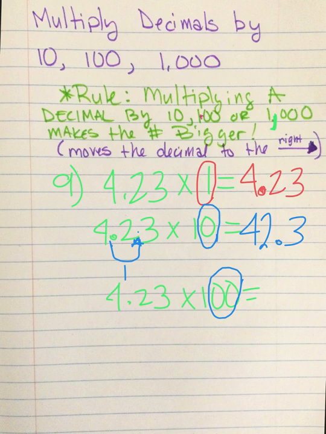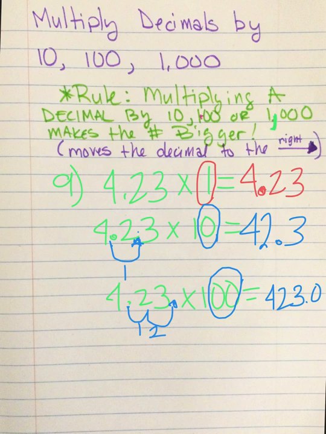So there's 2 zeros. I'm going to take this decimal, move 1, 2, and drop it right here. So now my new number would be 423. I could write 423.0 after that, just so you can see that it's a whole number now.